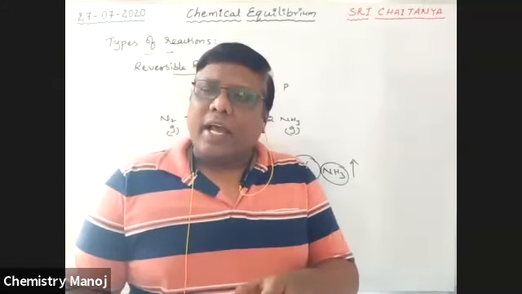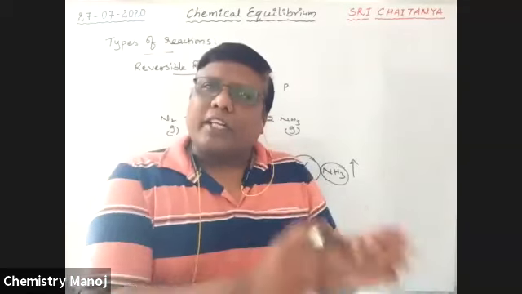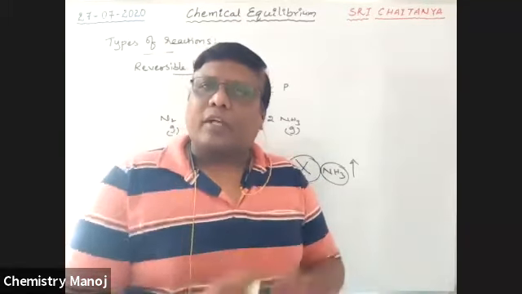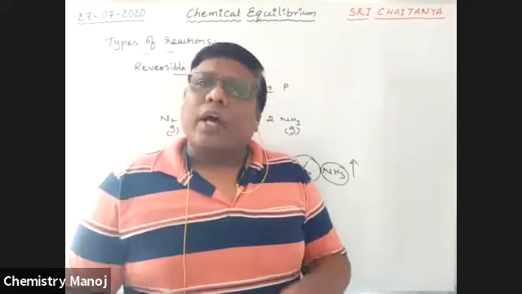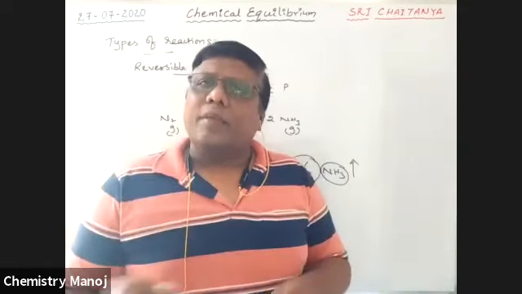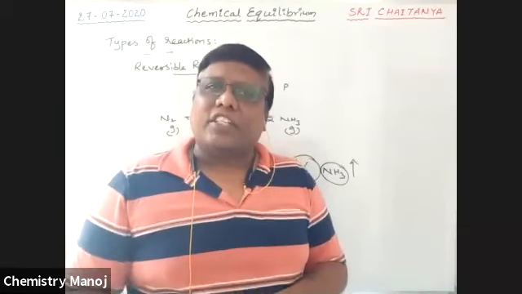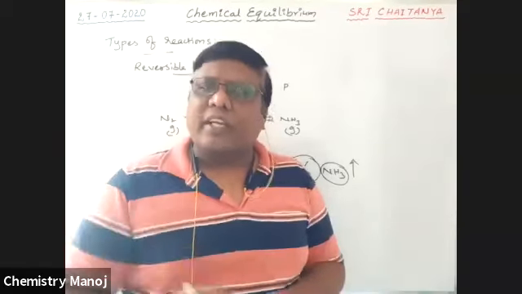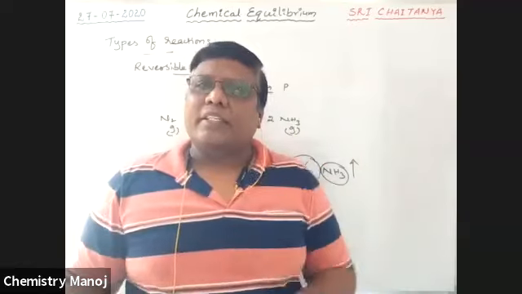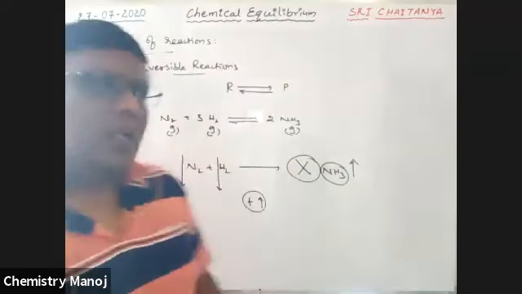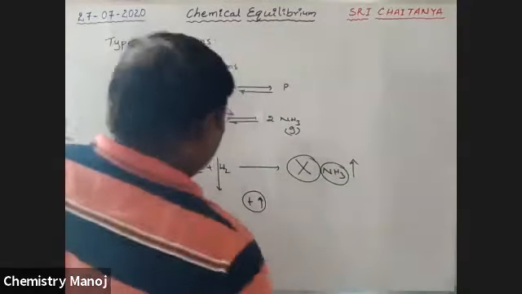After that, as time goes on, some product is formed. Reactants gradually decrease because they interact with each other, and products gradually increase. See here, I will explain with an example.